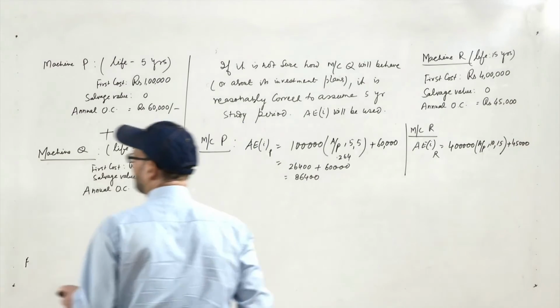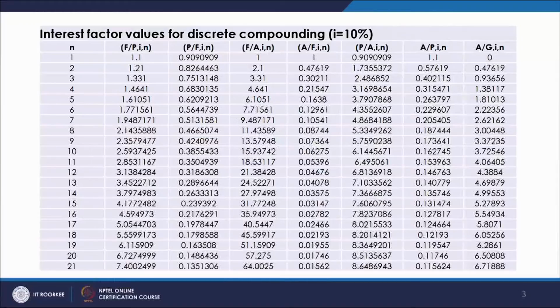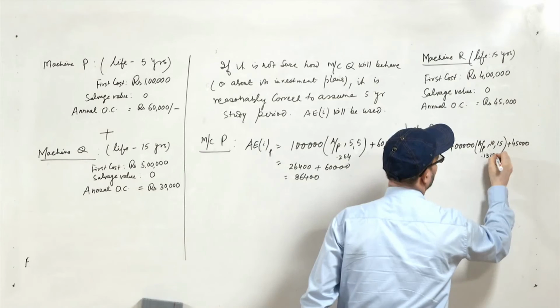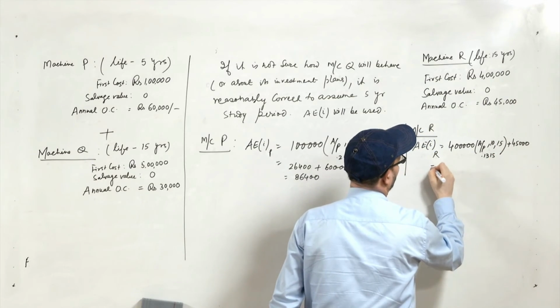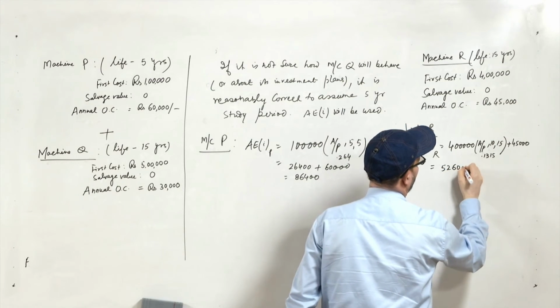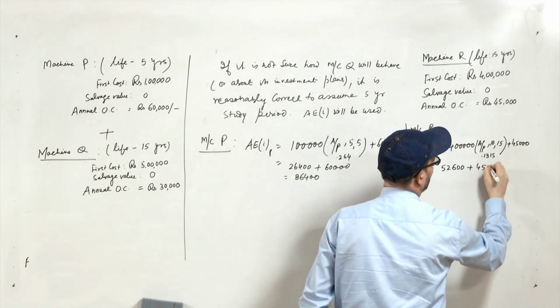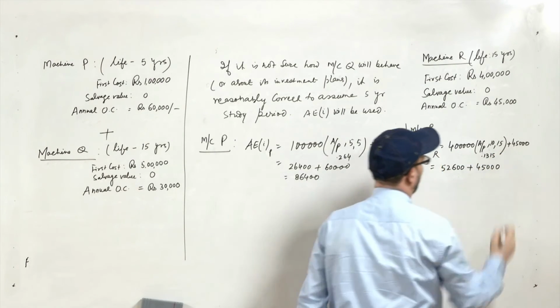So, A by P 10, 15 will be 0.1315. So, it will be 52,600 plus 45,000.